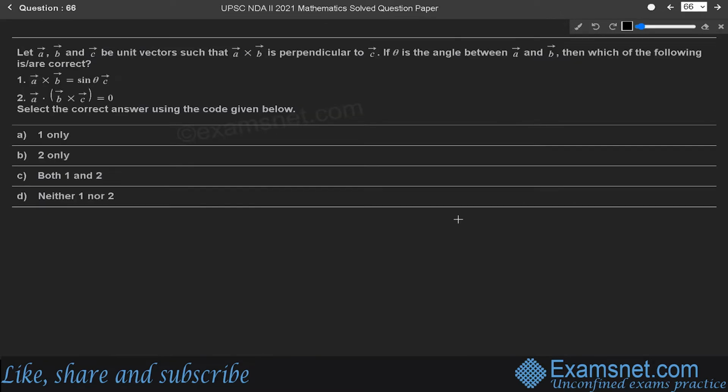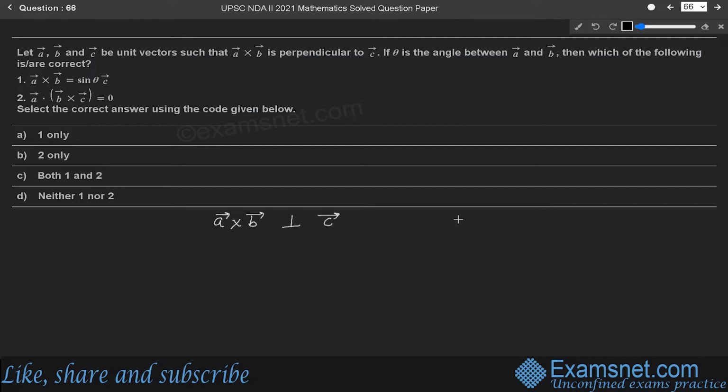Next question: let A vector, B vector and C vector be unit vectors such that A vector cross B vector is perpendicular to C vector. If theta is the angle between vector A and vector B, then which one of the following is or are correct? It is given in the question that A vector cross B vector is perpendicular to C vector.